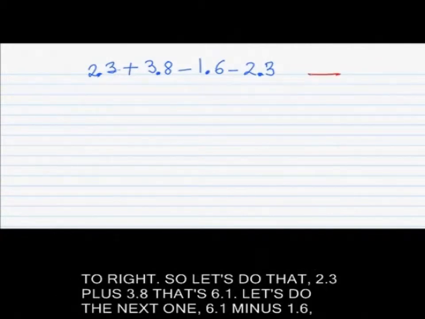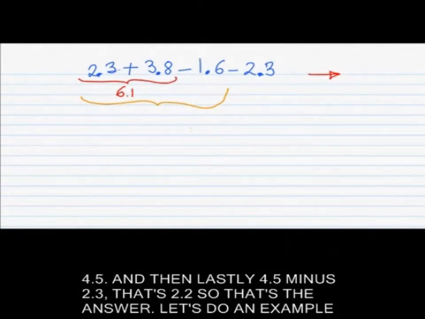So let's do that. 2.3 plus 3.8, that's 6.1. Let's do the next one. 6.1 minus 1.6, 4.5. And lastly, 4.5 minus 2.3, that's 2.2. So that's the answer.